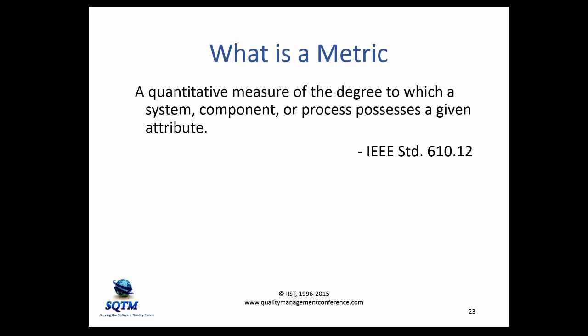So measures are the basis for metrics. And with a metric, you're going to take the raw data and manipulate it, present it as percentages or a chart of some kind. In other words, you're going to take the measures and turn them into metrics.